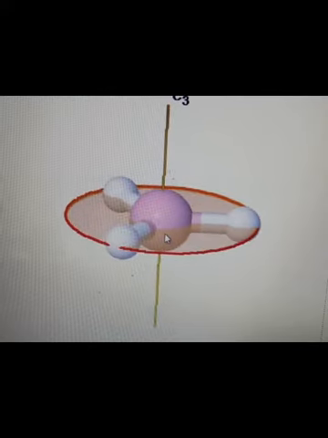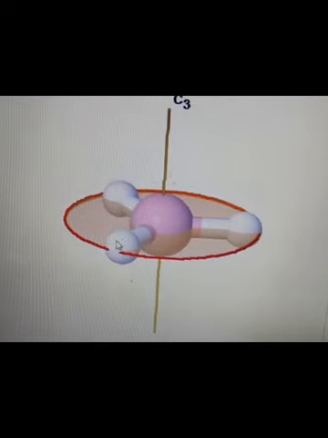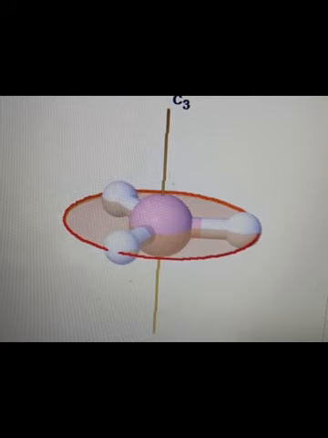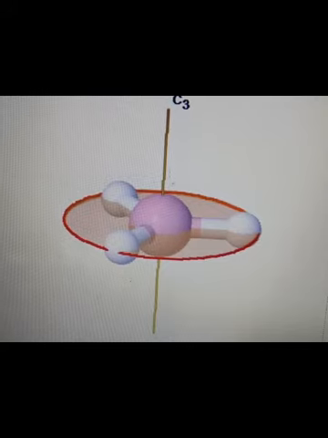Right. So this is what regarding the D3H point group. We have the next example, that is PF5, that is a trigonal bipyramidal. Unsubstituted trigonal bipyramidals come under the D3H point group.